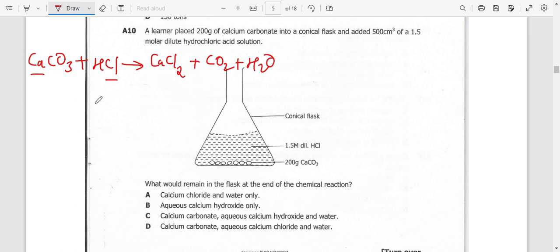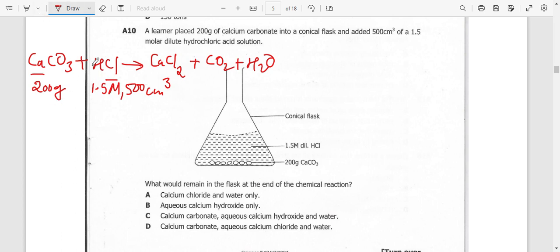Now from here we've been told that 200 grams of calcium carbonate reacts. It reacts with what? 1.5 molar and then 500 cubic centimeters of hydrochloric acid.